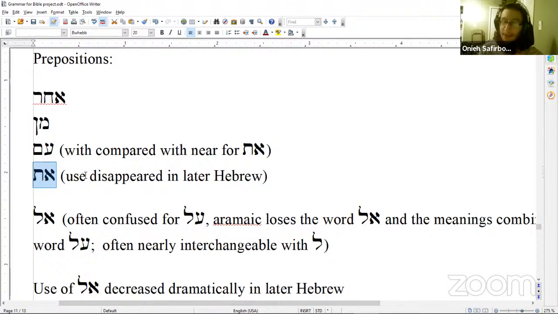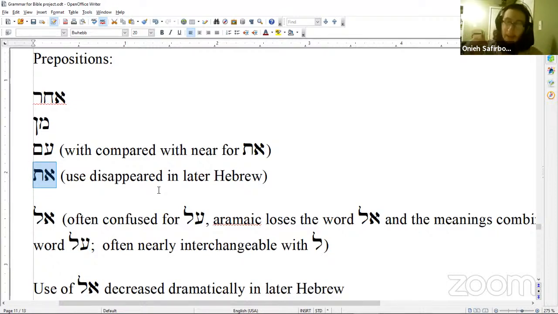Also in Aramaic, the word aleph lamed doesn't exist, and the meanings that aleph lamed has are used for ayin lamed instead. So it takes the two words, combines them into one, and ayin lamed is the only one.